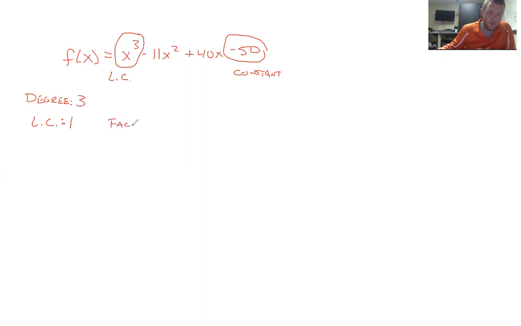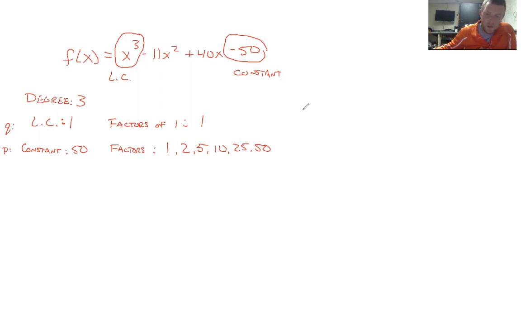So we also need the factors of that. The factors of 1 is just 1. So then we have the constant. And since it's going to be plus or minus, really the negative doesn't matter. And then we need factors of that. And the factors of 50 are 1, 2, 5, 10, 25, and 50. Remember, these are the p-values. These are the q-values.